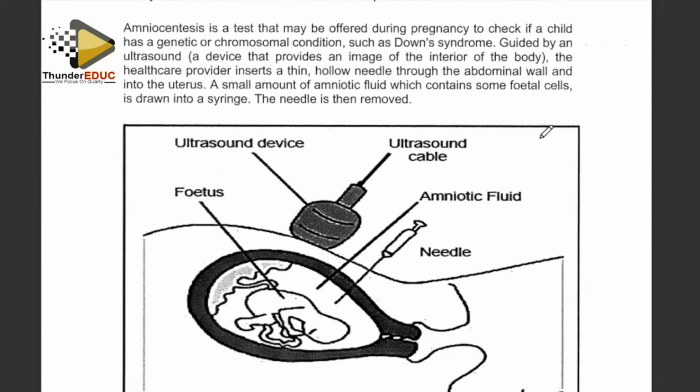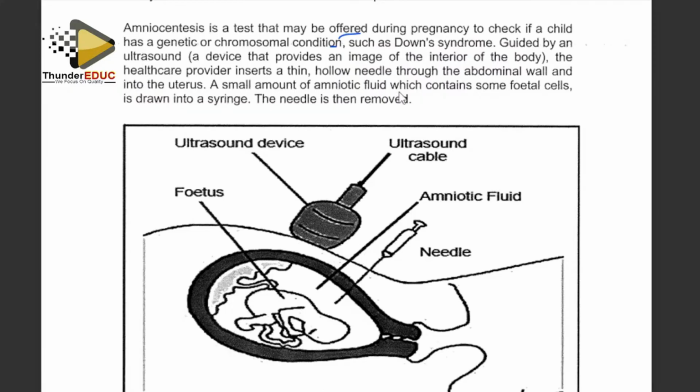Question number 3.3. Amniocentesis. What are they talking about? It is a test that may be offered during pregnancy to check if a child has a genetic disorder or chromosomal condition such as Down syndrome, guided by an ultrasound device, saying that the healthcare provider inserts a thin hollow needle through the abdominal wall and then into the uterus.